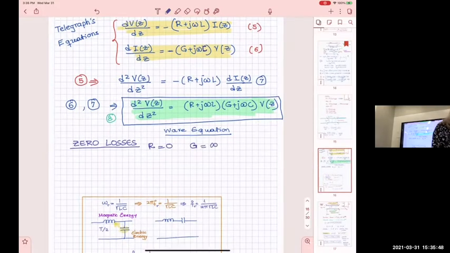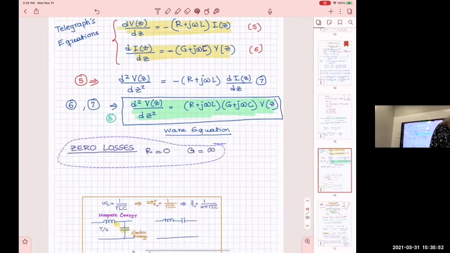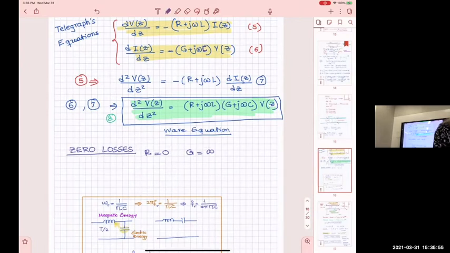This is extremely important to remember. So when I have 0 losses, what happens to my wave equation?